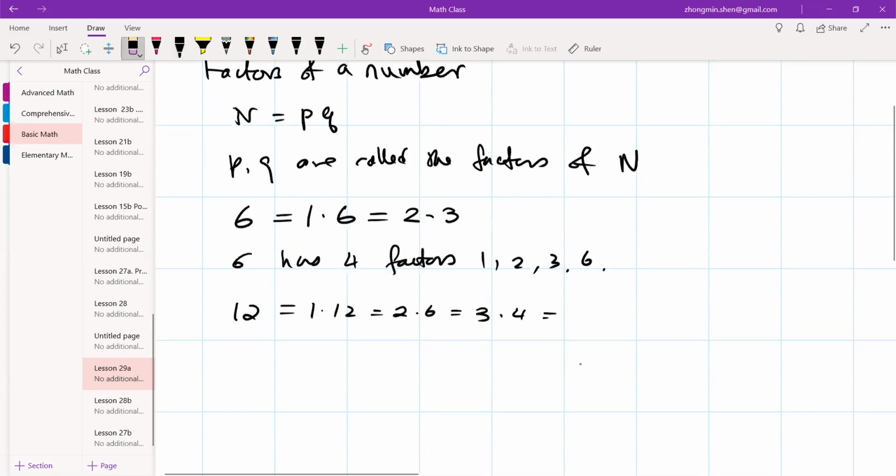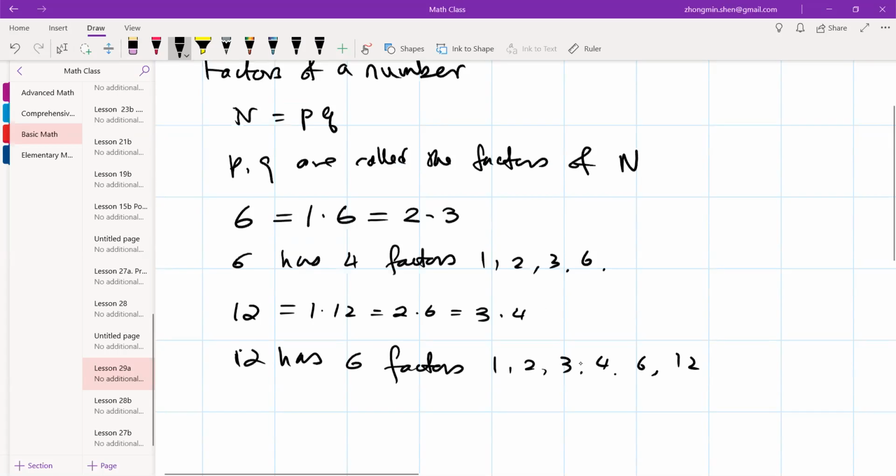So how many factors do you have? It has 6 factors: 1, 2, 3, 4, 6, 12.